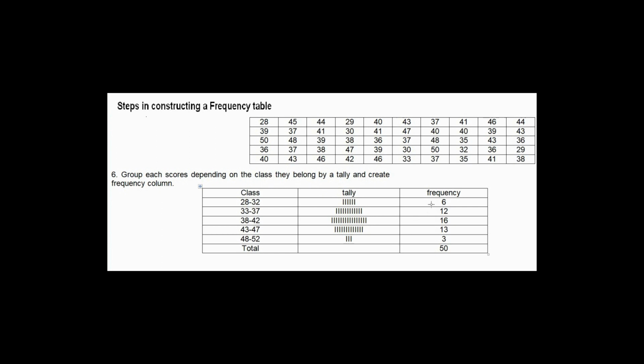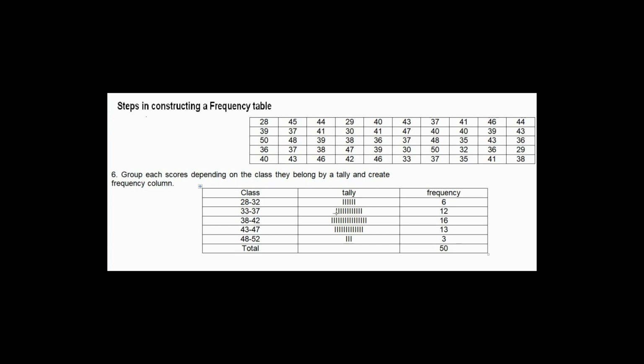Now, how to make this frequency column? After you're done marking your tally, all you have to do is count. 1, 2, 3, 4, 5, 6. There are 6 markings, so therefore our frequency should be 6.